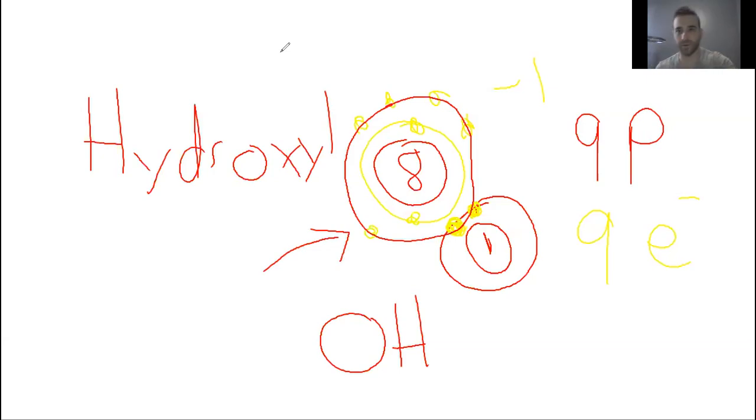So this molecule is going to go and scavenge, hunt down an electron from whatever molecule it can find. That's its whole sole purpose. It wants to take an electron from something else to satisfy the fact that that electron is missing its pair. That's why it's the hydroxyl radical.